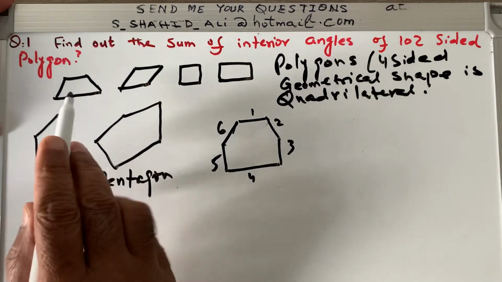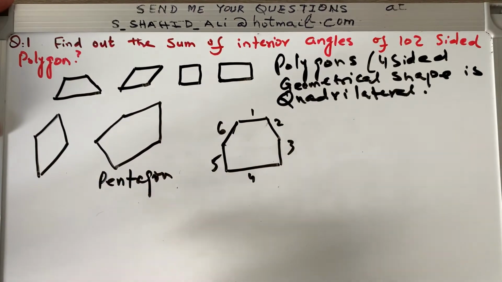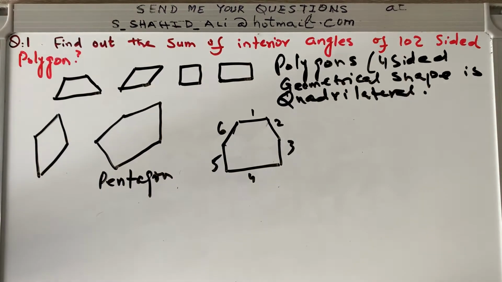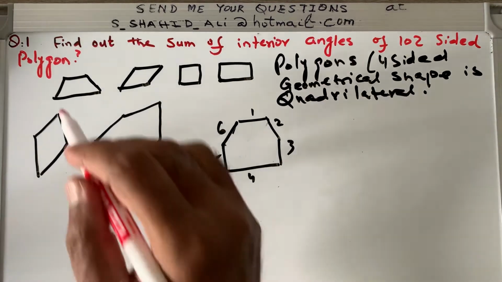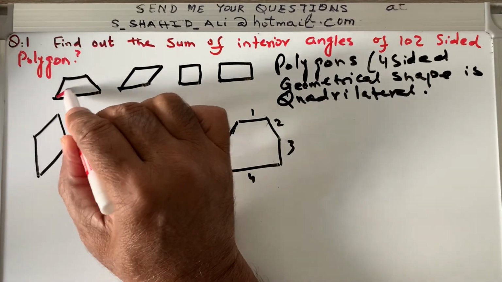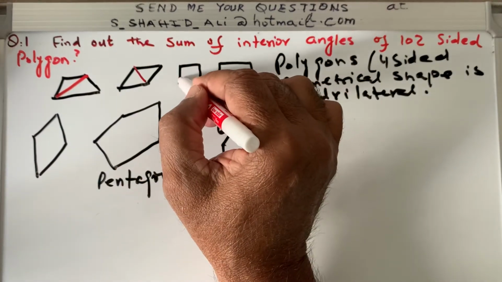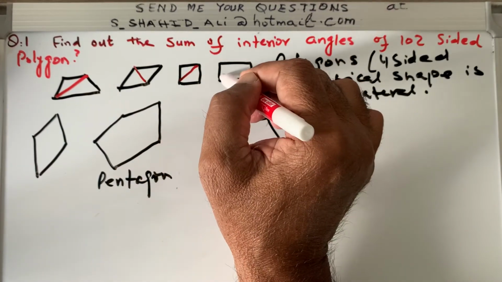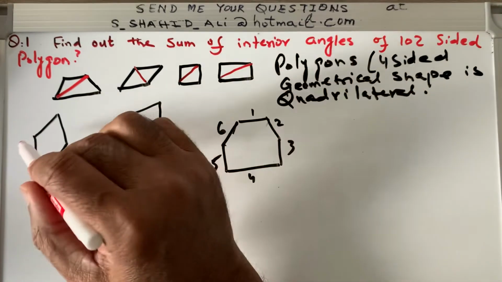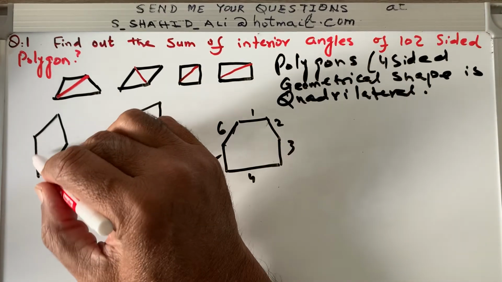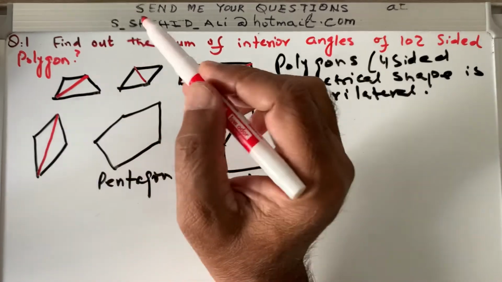Now we can see how many triangles can be formed in any polygon. A four-sided figure is a quadrilateral, and in each quadrilateral we can form triangles. In each four-sided figure, how many triangles can be formed? In each of these figures I can make two triangles.